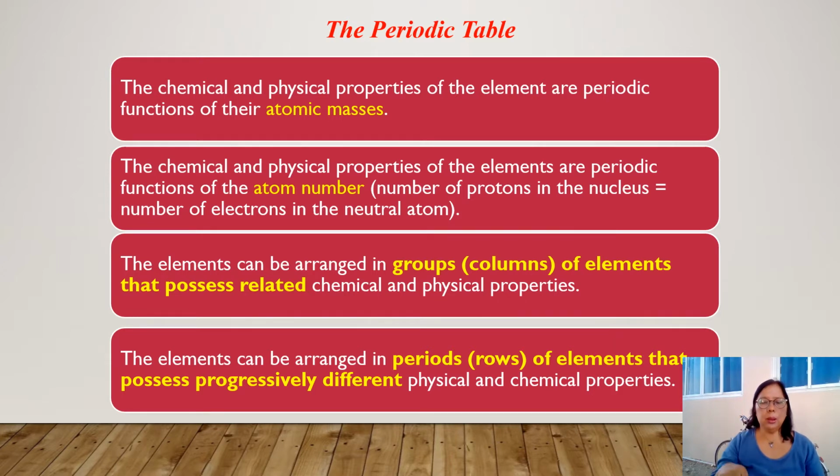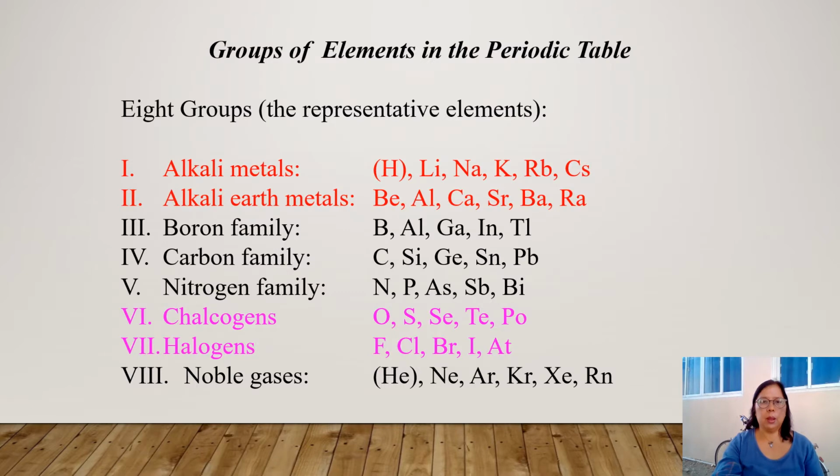So the ones in standing position are called the columns. The ones in horizontal or lying position are actually the rows or the periods. So the groups are in columns, the periods are in rows.